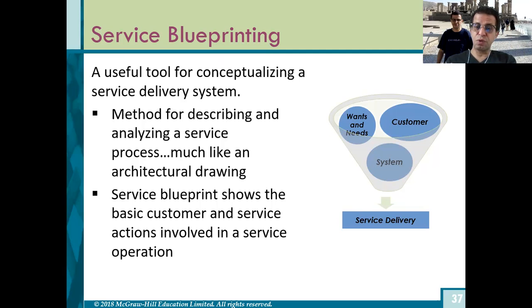It is a method for describing and analyzing a service process, much like an architectural drawing. A service blueprint shows the basic customer and service actions involved in a service operation, the flow, and the timing, how long each stage will take, along with the feedback from it.